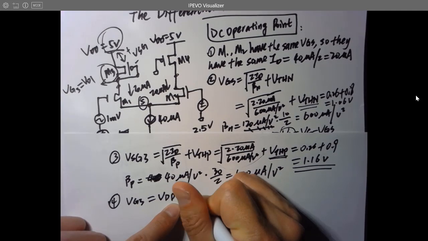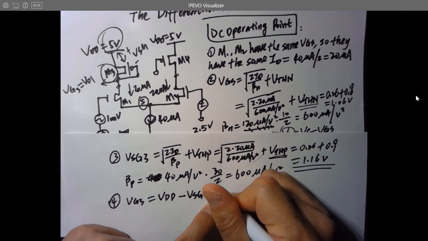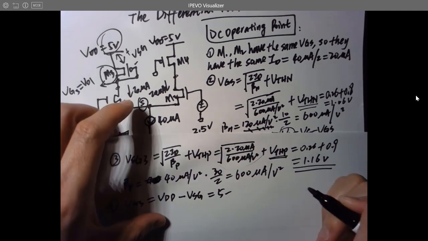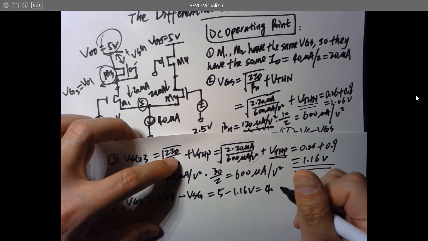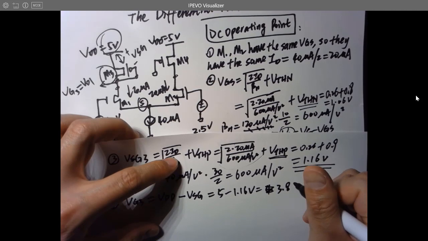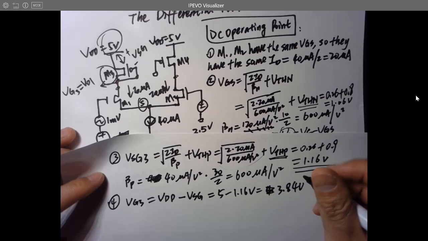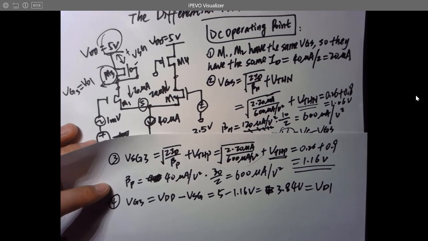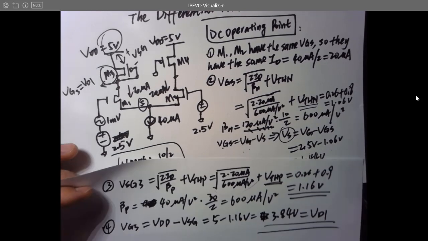So VDD minus VSG equals VG3, and this is 5 volts minus 1.16 volts, which is 3.84 volts. Okay, so that's VG3 equals VD1.